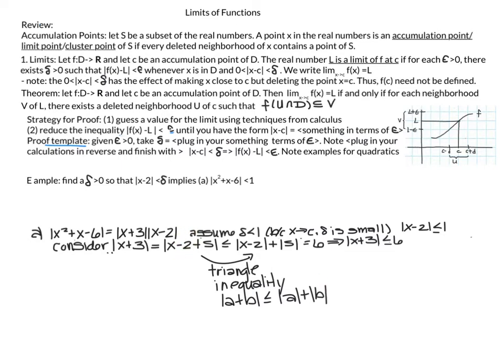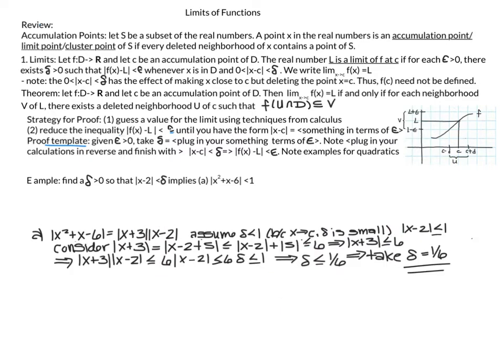So I have my a equal to x minus 2, and my b is 5. The absolute value of 5 is just 5. So this should be less than or equal to 6, because x minus 2 is less than 1 and 5 is equal to 5.